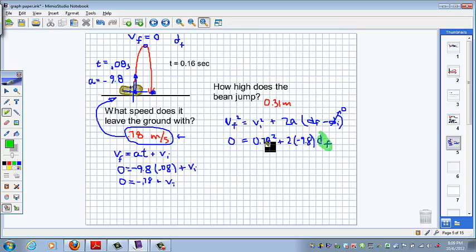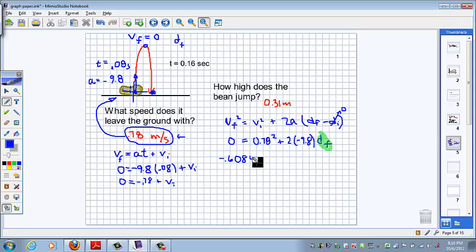And first thing we want to do is square that 0.78 and then move it to the other side. 0.78 squared, I believe, is equal to 0.6084. And then when we move it to the other side, it becomes a minus 0.6084.